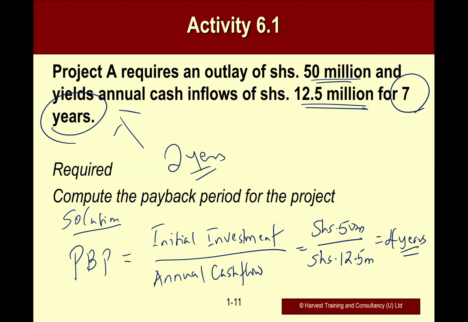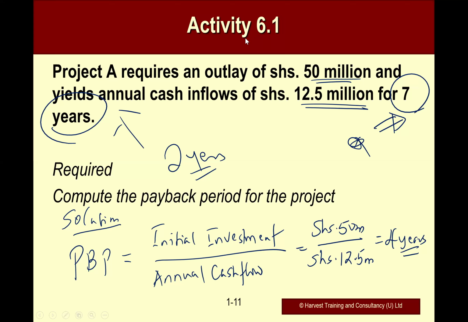Because companies want back their money in a certain period, which we don't know in this case. But ideally, if we are to talk about the life, does it pay back within the life? Yes, it does. It pays back because there are some projects which may not pay back in the life. You get it?